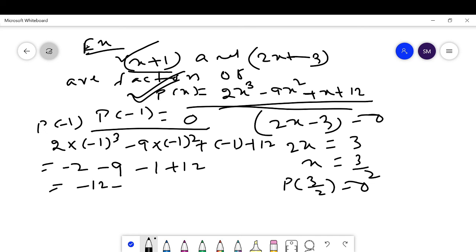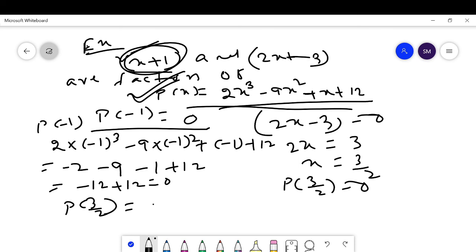This is minus 12 plus 12 equal to 0. Students, we find p(minus 1) is equal to 0. Then according to the factor theorem, x plus 1 is a factor of p(x).